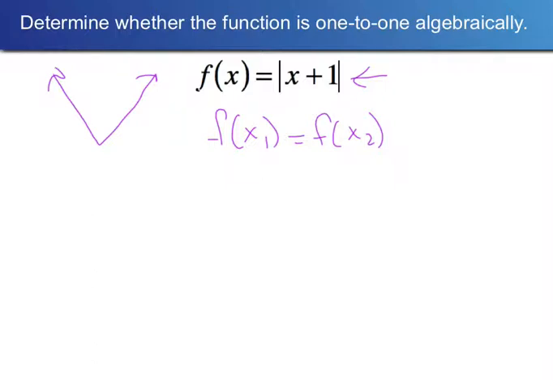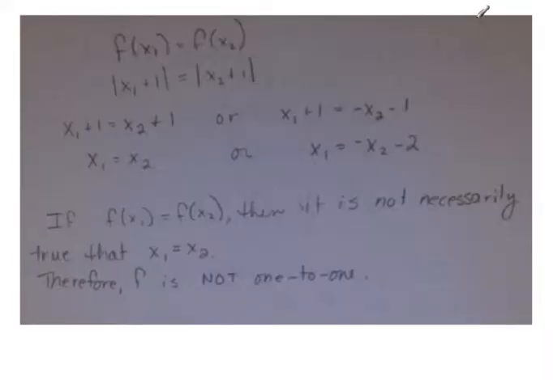So, if I substitute the absolute value of x1 plus 1, and set that equal to the absolute value of x2 plus 1, I know that x1 plus 1 has to be equal to x2 plus 1, or x1 plus 1 has to be equal to the opposite of x2 plus 1, which is going to be minus x2 minus 1.